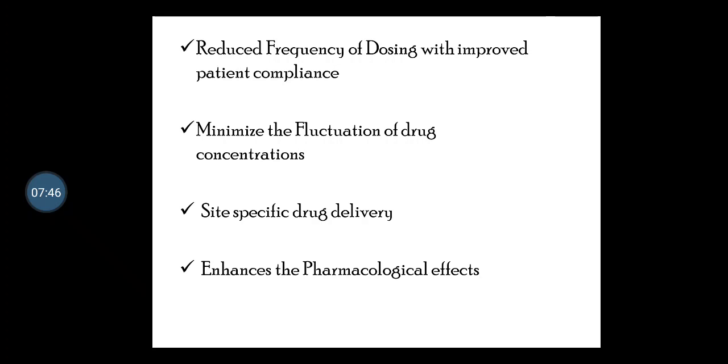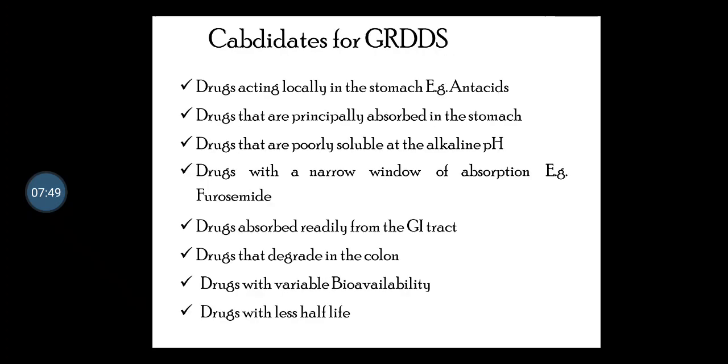The next most important parameter is the candidates for the GRDDS, which totally depends upon different types of factors. The selection of the drug for the GRDDS is like this: a drug acting locally in the stomach, for example an antacid; drugs that are principally absorbed in the stomach; drugs that are poorly soluble at alkaline pH; then drugs with a narrow window of absorption, furosemide being the best example.